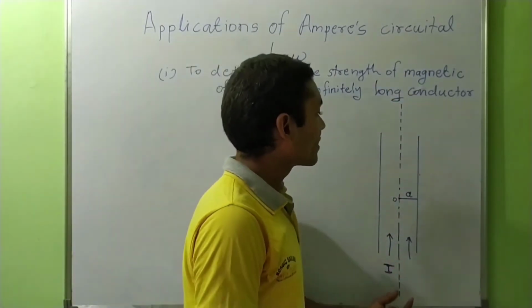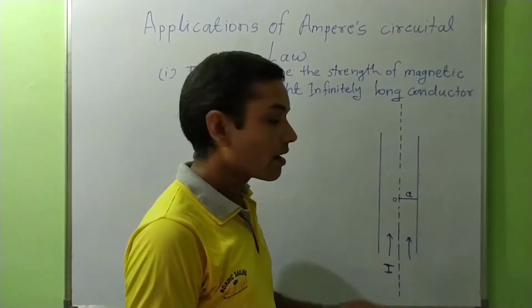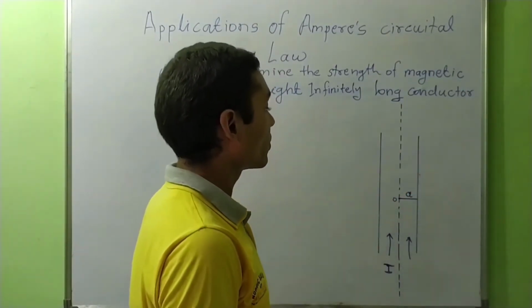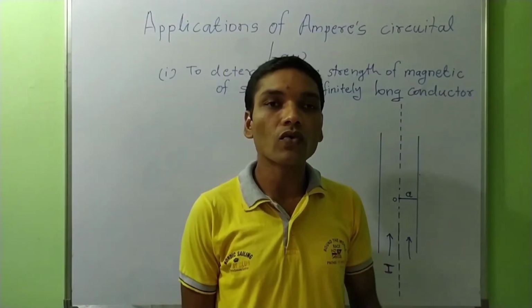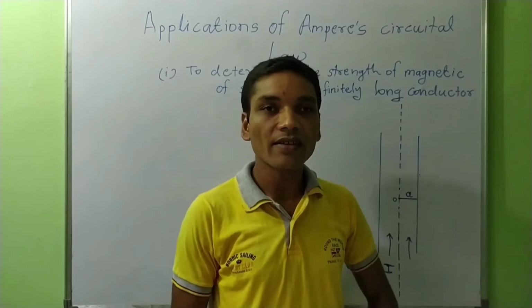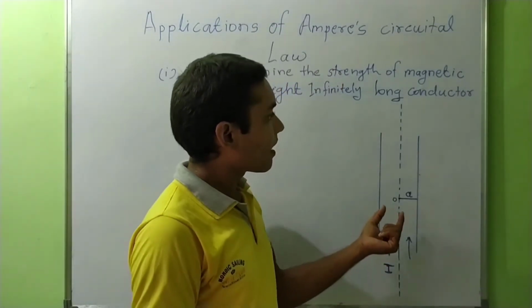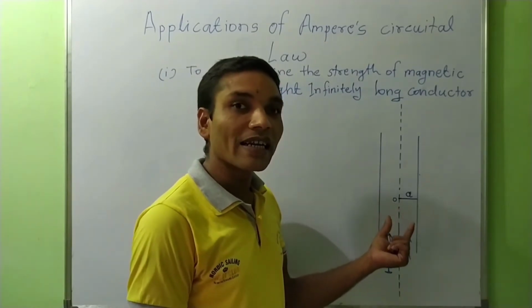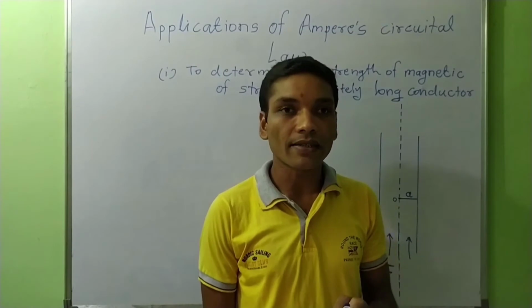Due to this current, magnetic field will be produced around this straight conductor, and the magnetic lines of force will be concentric circles. Okay, so we will discuss this straight current carrying conductor in three cases.